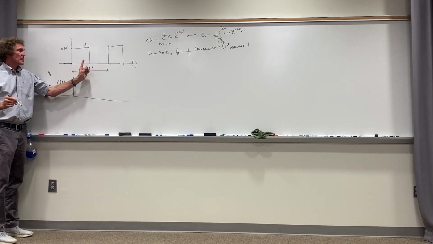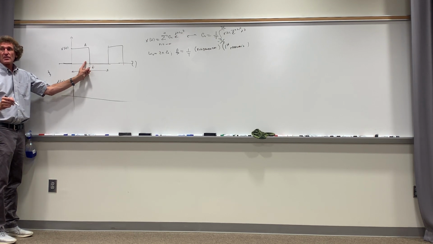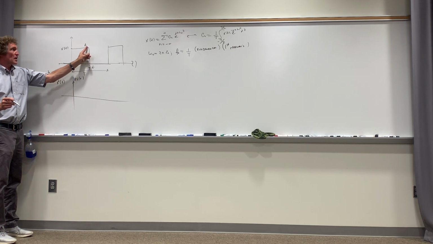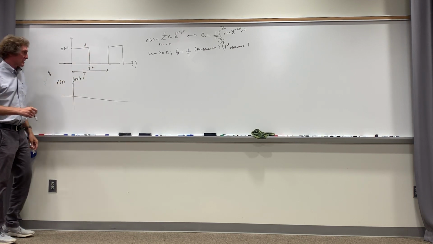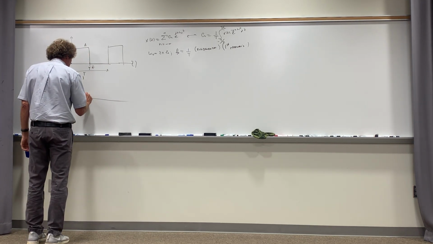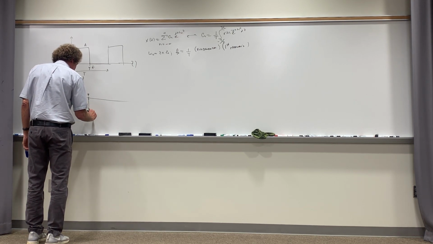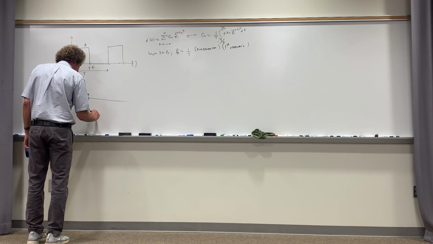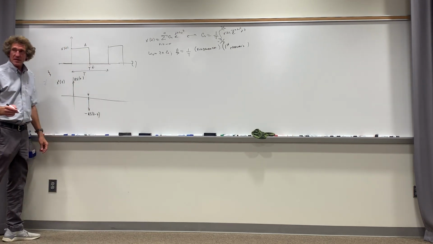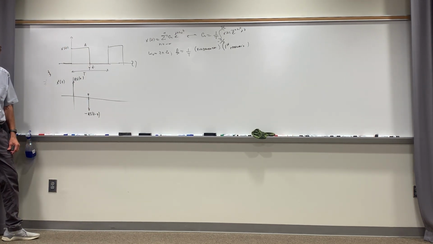Now keep going. What else? Then right at tau, what happens? Another delta, right? But there's one difference. It goes from a to 0, so it's negative, right? So now this one at tau would have minus a, and it would be delta of t minus tau, right? That's a time delay, correct, class?